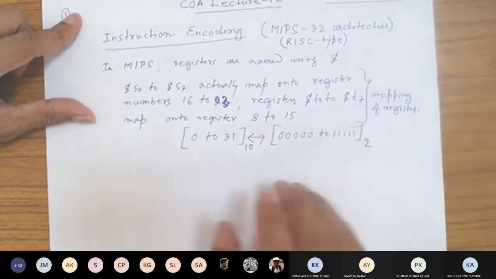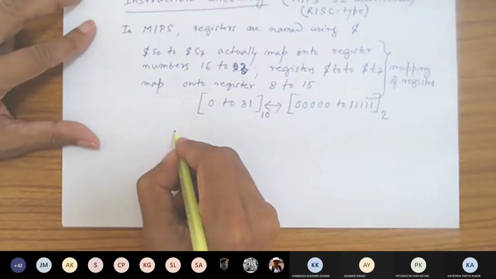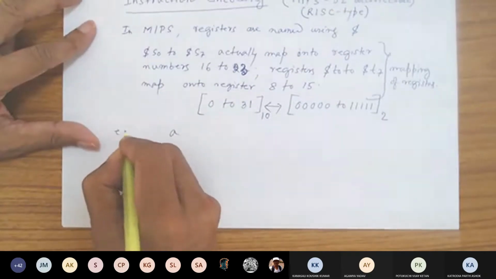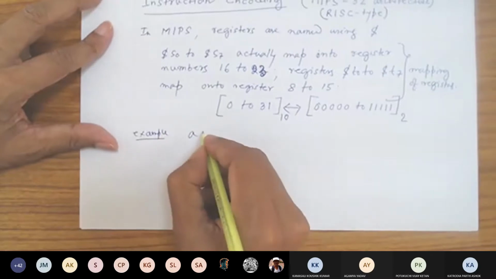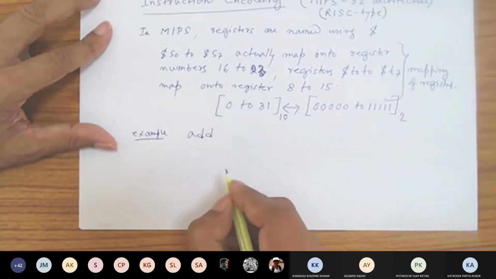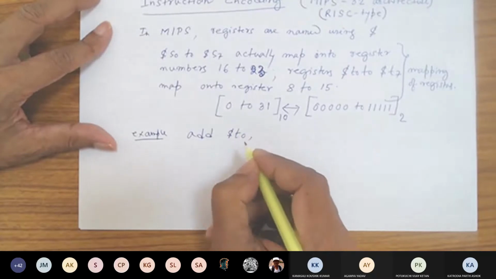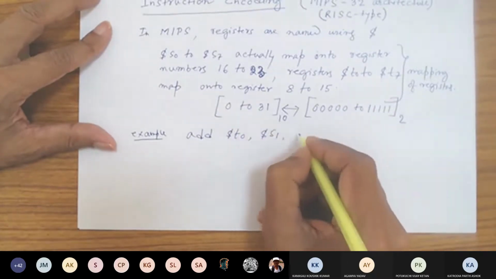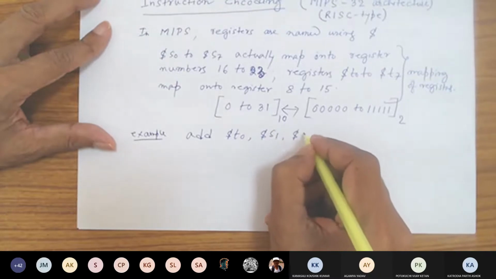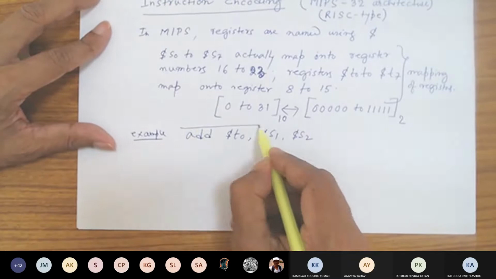If you now take an example, any instruction, let's take add $T0, $S1, $S2. Let's say this is an example instruction.